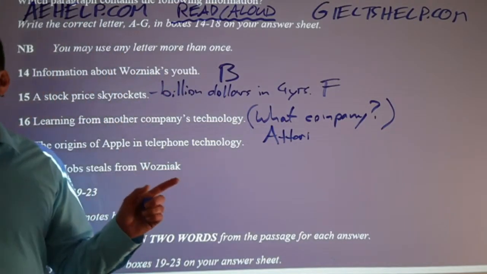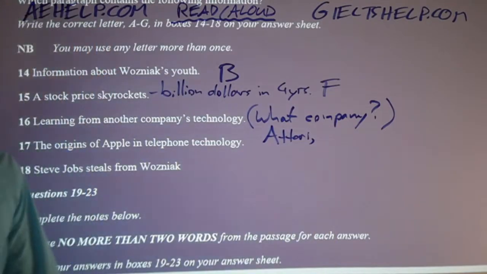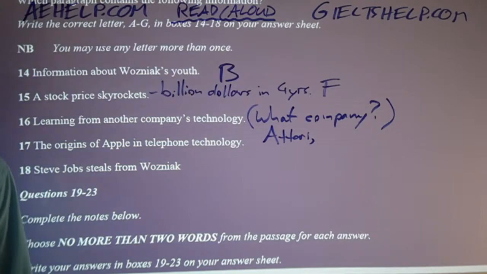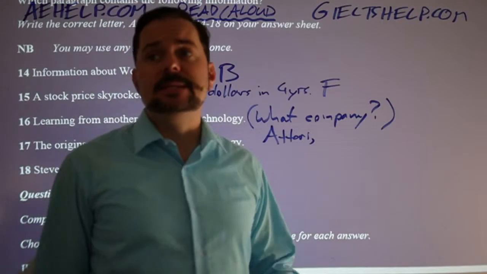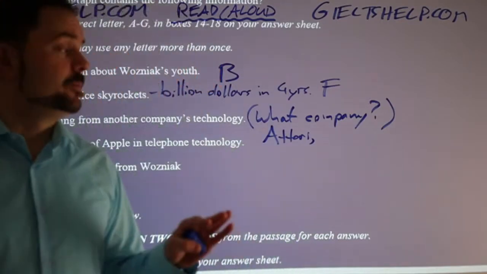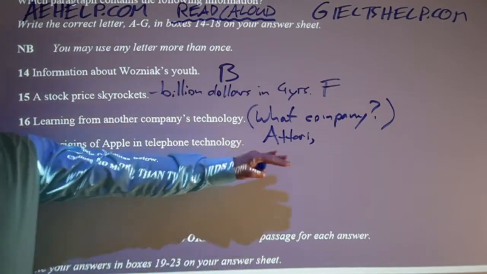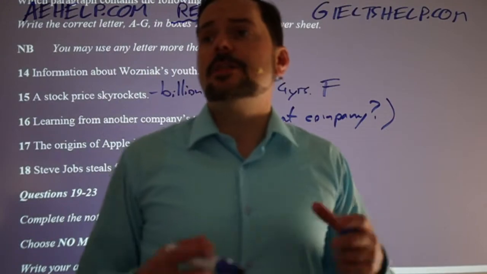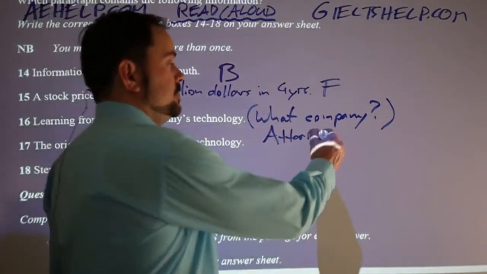I don't think it was Atari, but that's one of the companies mentioned. What are some of the other companies mentioned? So Bakrat says E, I think. Okay, Bakrat, I would probably say it's maybe D or E as well. It was somewhere kind of more towards the middle. There was another company that was mentioned, and I think a lot of you know it, so you should think about it. Okay, so there was Hewlett Packard, there was HP.